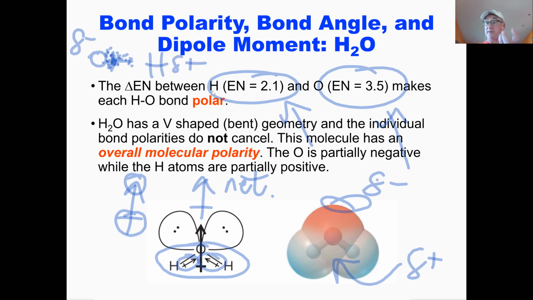And then when we draw the bond dipole, it goes in that direction. So each of those bond dipoles points away from the hydrogen and towards the oxygen. Since they're each pointing towards the oxygen, when we add them together, the net dipole points towards the oxygen too. And that's what makes it a polar molecule. Is that cool? Yes. All right, awesome.